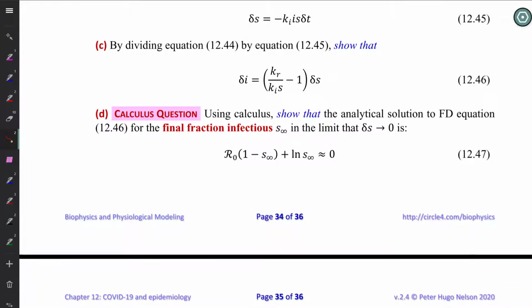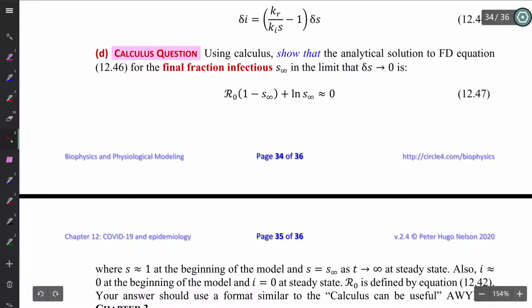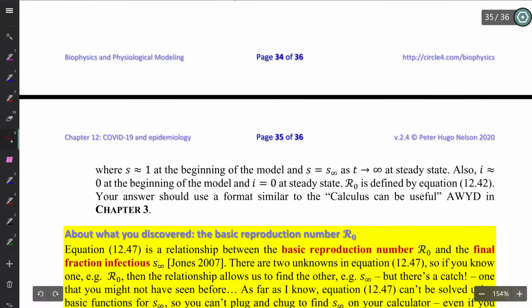But, and it's not actually a very easy question, you can show that the analytical solution to this difference equation, if you take the limit that delta S goes to 0, you can derive this equation. And you know, there's kind of a hint, it has a log, this log in it, and what that means is that there's probably an exponential function in the way you do the calculus.